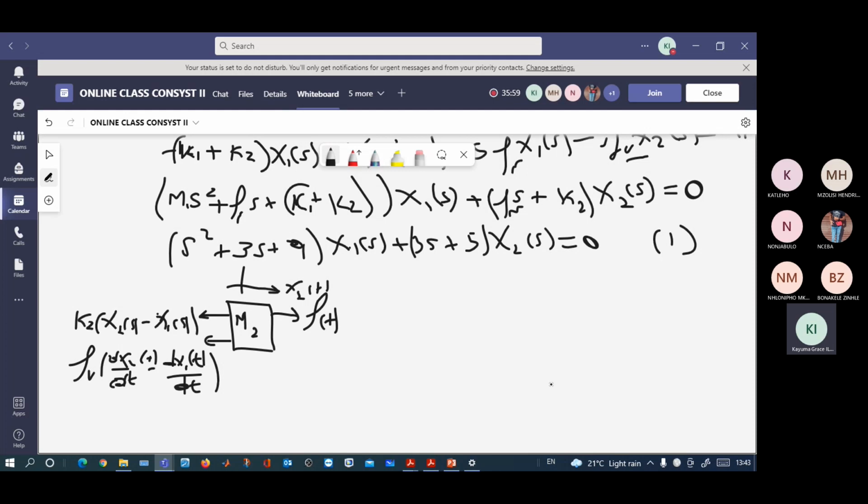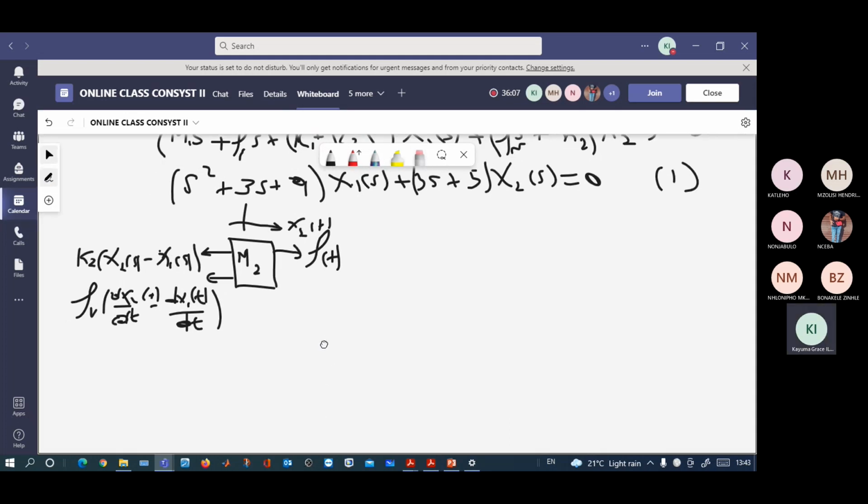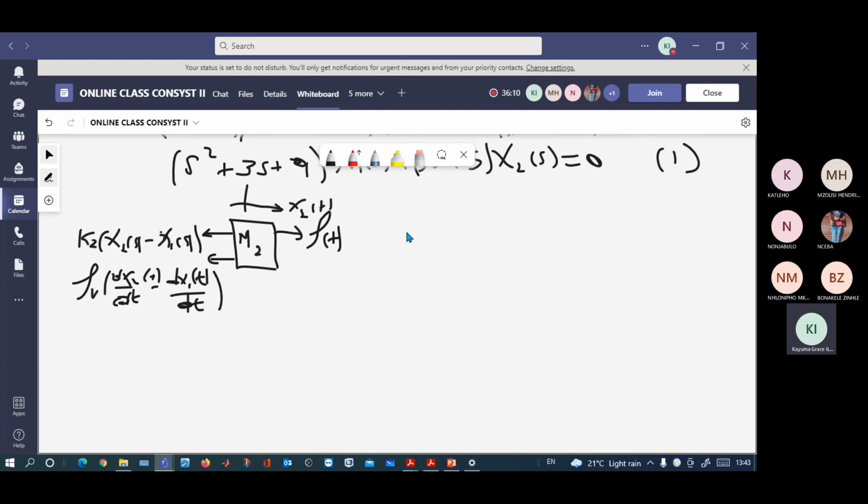Having our three forces, we can now write our equation for the second mass or free body diagram.